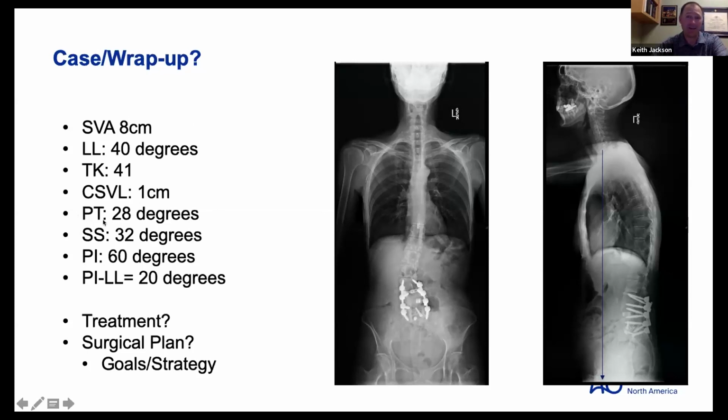I didn't anticipate her having that magnitude of sagittal imbalance just from looking at her lumbopelvic parameters. What do you think, Scott? So you talked to us about surgical strategies. What's going to be your strategy with her?